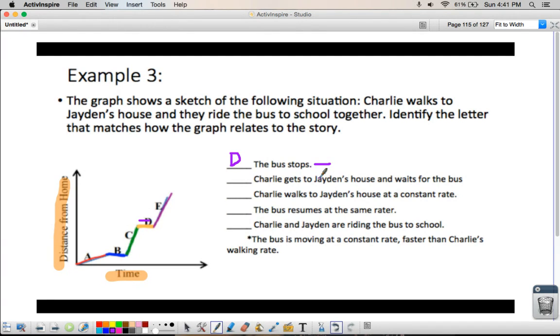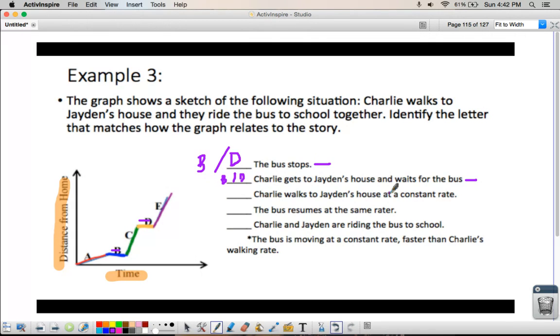Charlie gets to Jaden's house and waits for the bus. So again, this one's constant too. This one could match up with B. So for the first one, we'll say B or D. And for the second one, we'll say B or D. And then we'll come back and clarify those later.